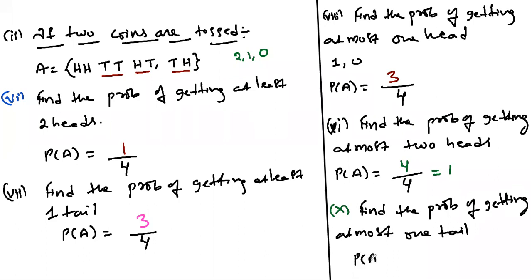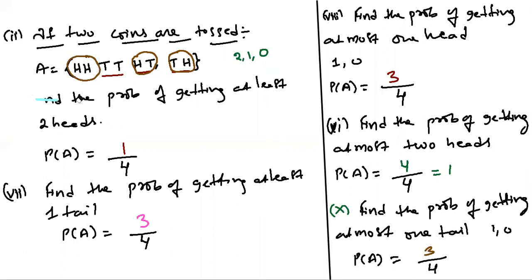So P of A is equal to total is 4. At most one tail. One tail means one should be the highest. So you have to take 1, 0. So now here you are getting at most one tail. This one you can take, at most one tail and no tail also. No tail is this one. So total how many are there? 3 out of 4.